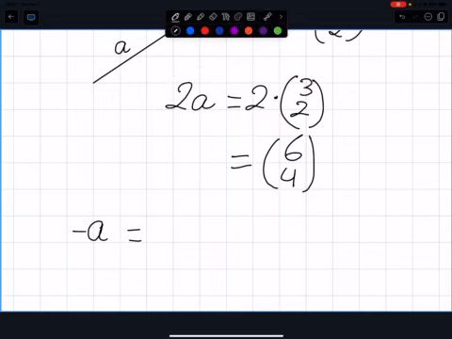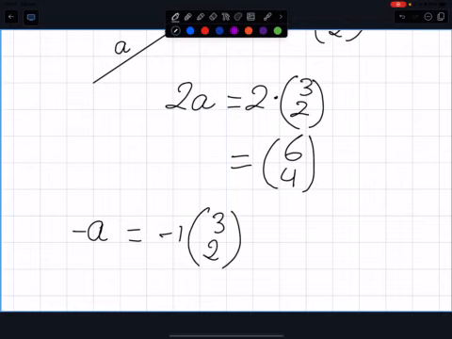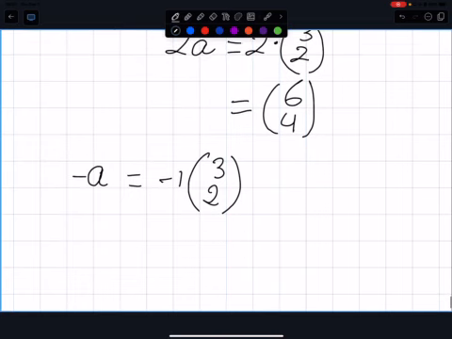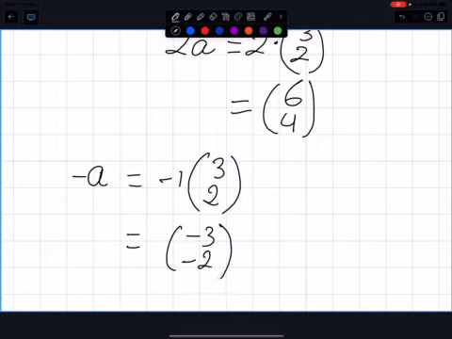The negative vector: negative 1 times 3, 2. So what does it become? Negative 3, negative 2. I changed the direction of the vector.